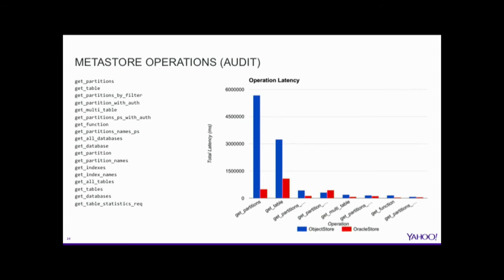Here in this chart, we see the performance characteristics of each of the individual operations. Notice the get partitions operation on the far left, which is the operation that DATANUCLEUS and DIRECTSQL struggled with the most. Now remember from the previous slide that this operation accounted for only 0.1% of all requests, yet it dominates in terms of the operational latency.